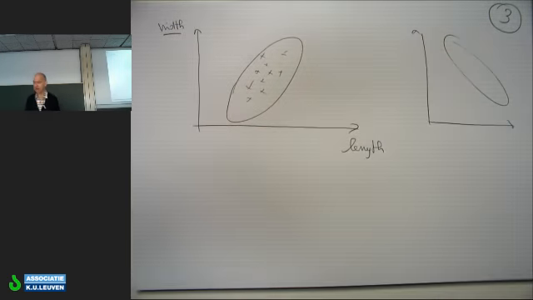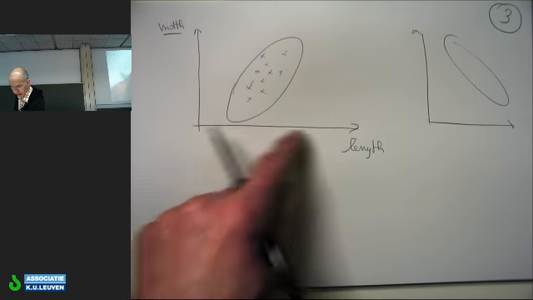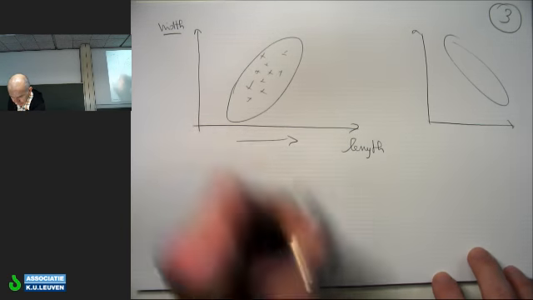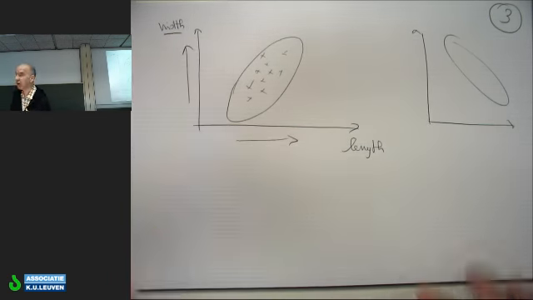Then you might have, and this would be a very strong negative correlation, a picture like that, meaning that if one variable gets large, the other one gets small, and the other way around. Not now. Here, and I think that's biologically plausible, you say if the length increases, typically also the width increases.